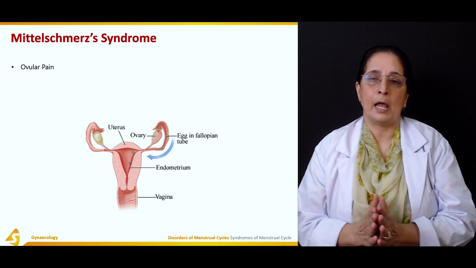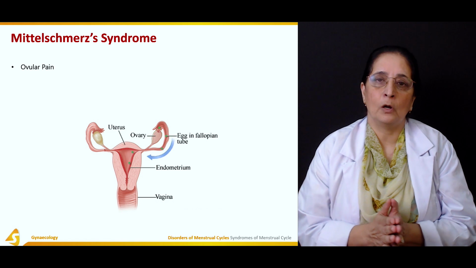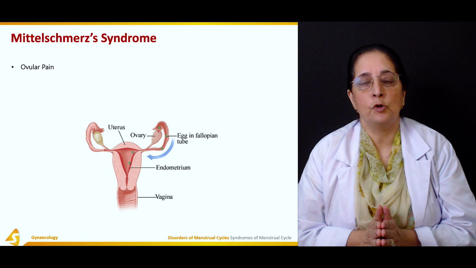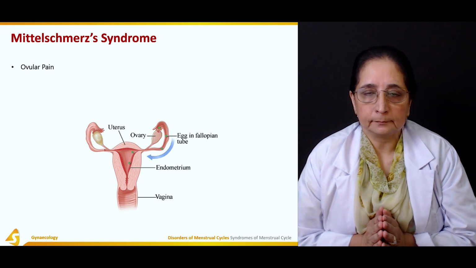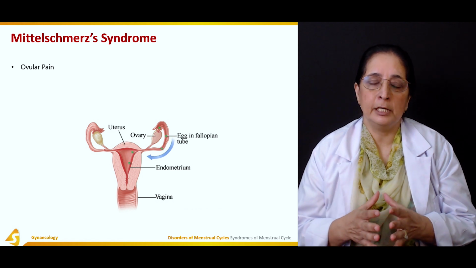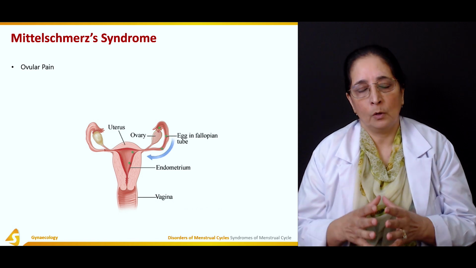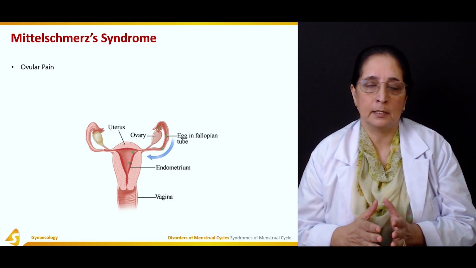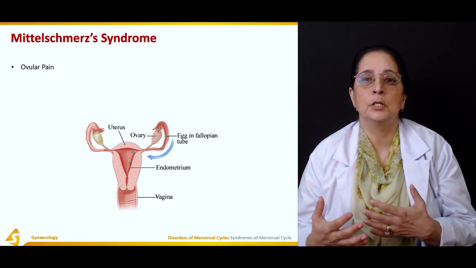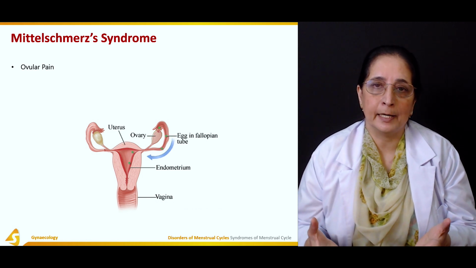A lot of patients have this Mittelschmerz syndrome, but not all females usually have Mittelschmerz syndrome or mid-cycle pain. For patients who have mid-cycle pain, it's a good indication that ovulation is happening, especially for couples who want to conceive and want to get pregnant.